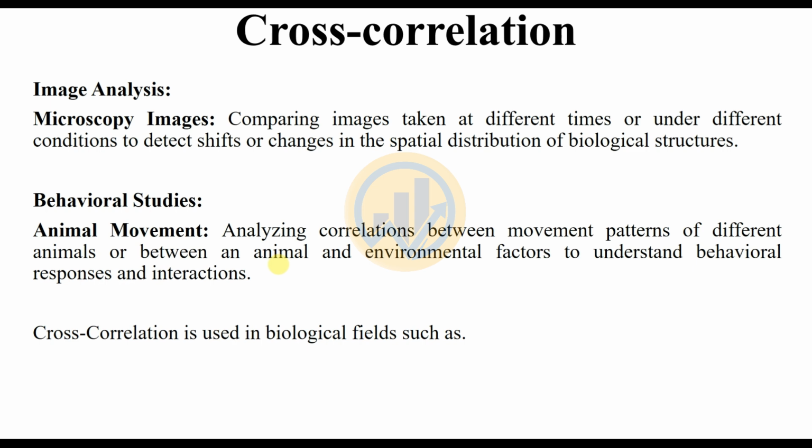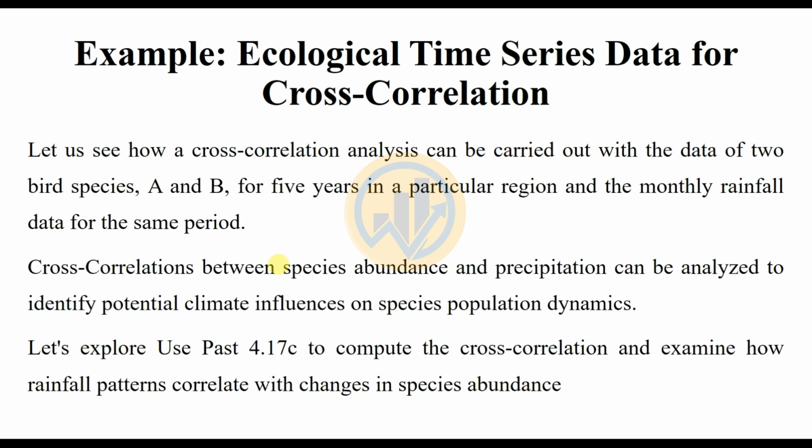Now let's take an example of cross correlation used in the biological field, data analysis of ecological time series data using PAST statistical software. Now we use PAST version 4.17c.